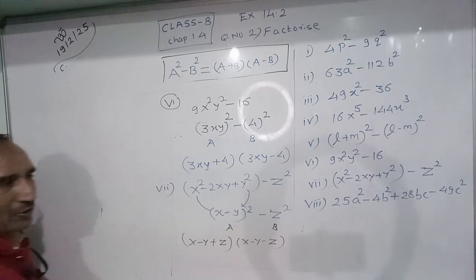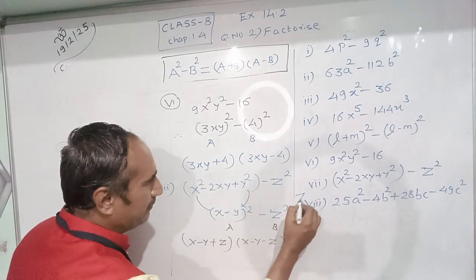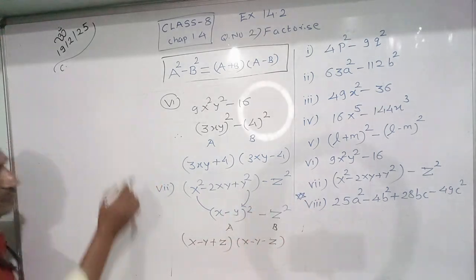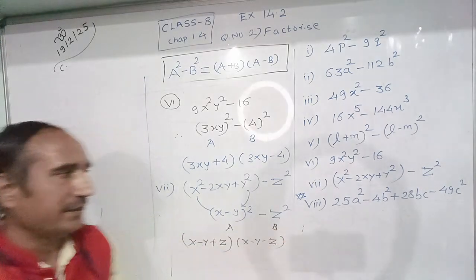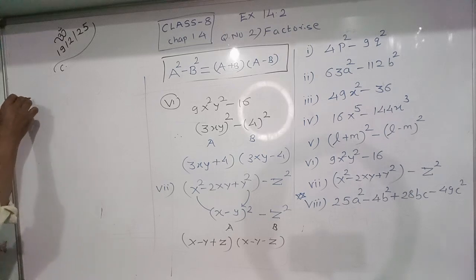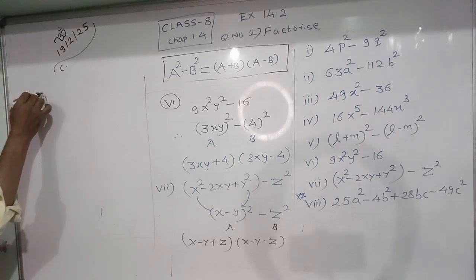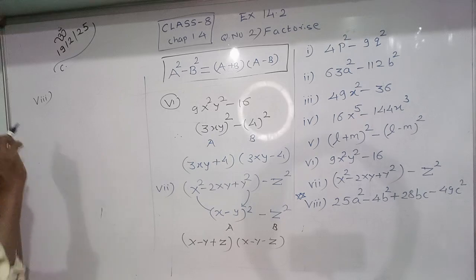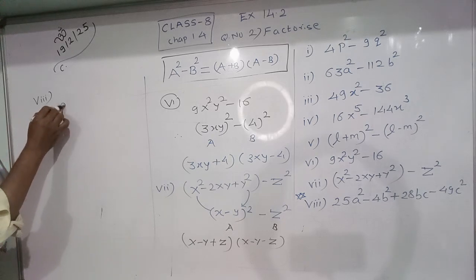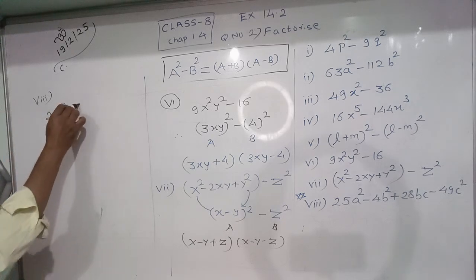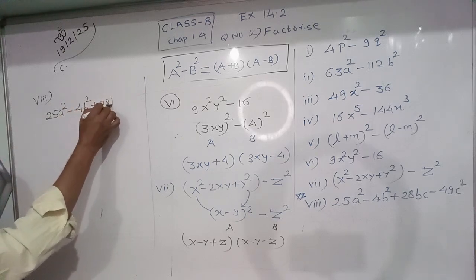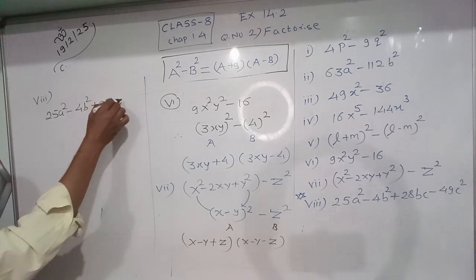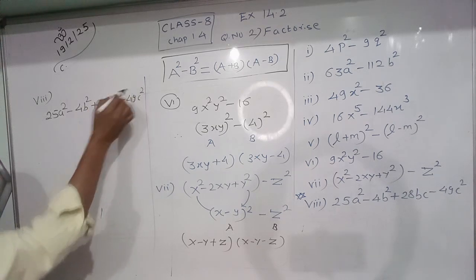Now let's move to the last one, number 8, and give it a star mark because it has some special adjustment. So see this question number 8. 25a square minus 4b square plus 28bc minus 49c square.